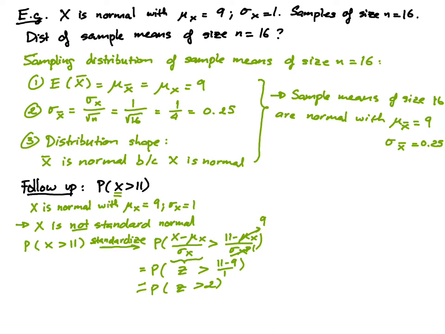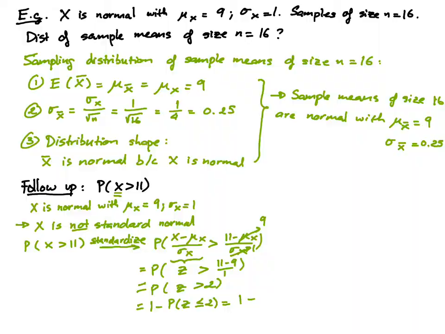Now this is in the form where the probability that z is greater than something. So in order to use a table, we need to flip the inequality sign. So this is equal to 1 minus the probability that z is less than or equal to 2. Now you can go to the table, look for 2, and get the probability.